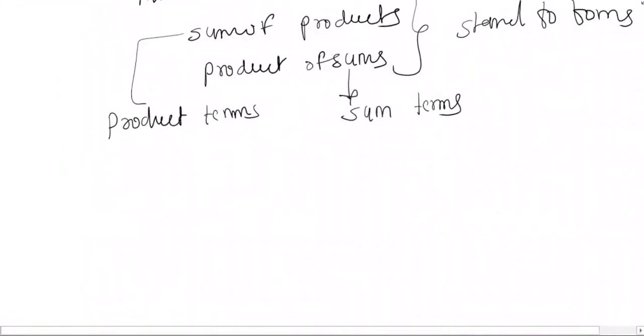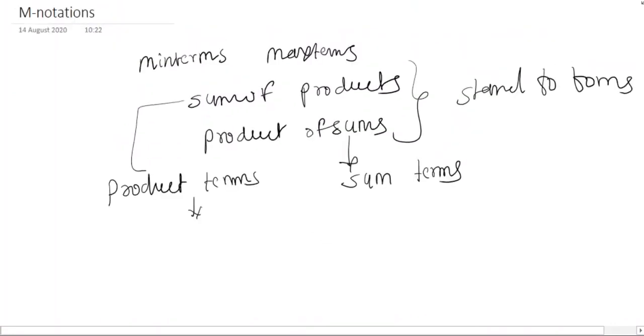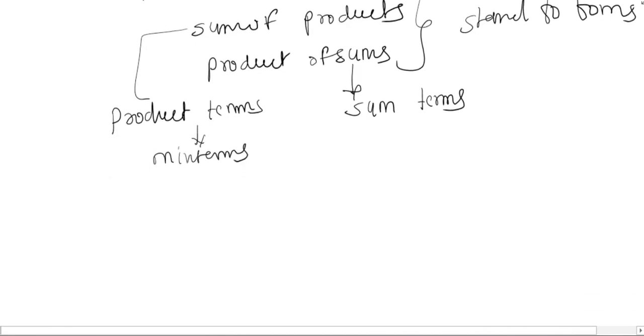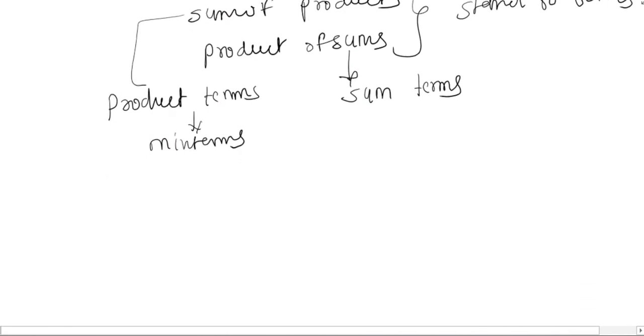When the SOP is in the standard SOP form, the product terms are described by using the word minterms. And when the POS is in the standard POS form, the sum terms of the product of sum Boolean expressions are termed as maxterms.